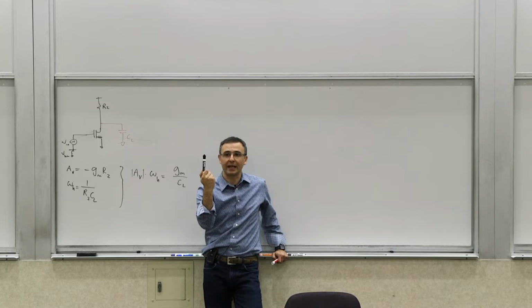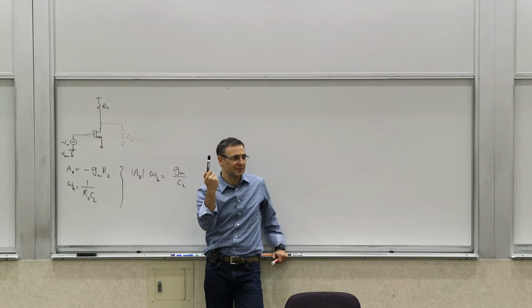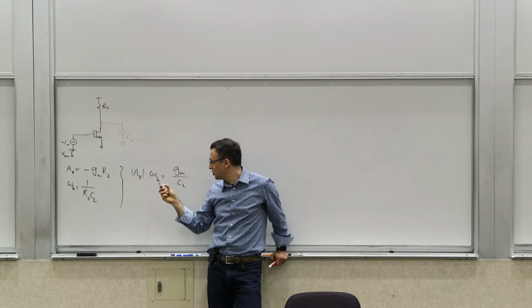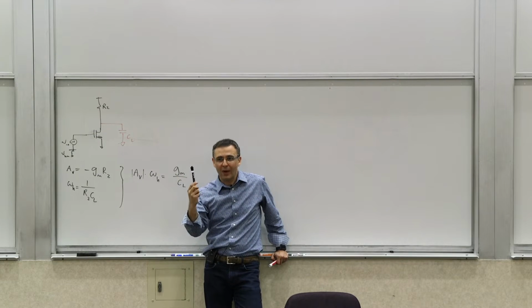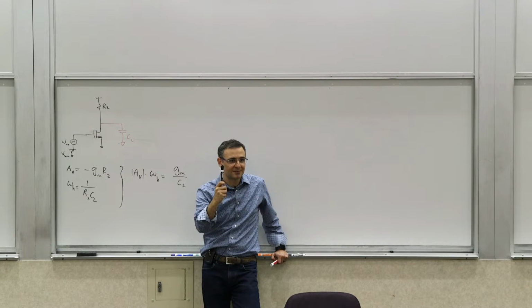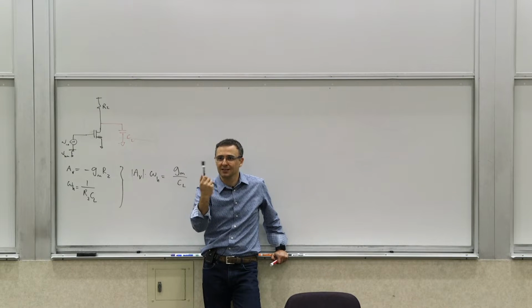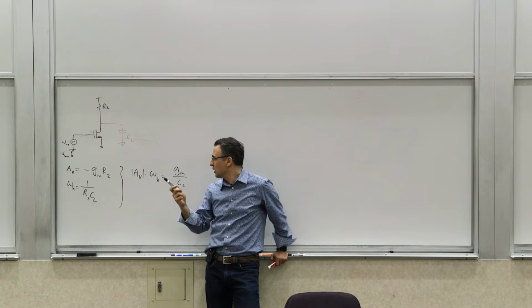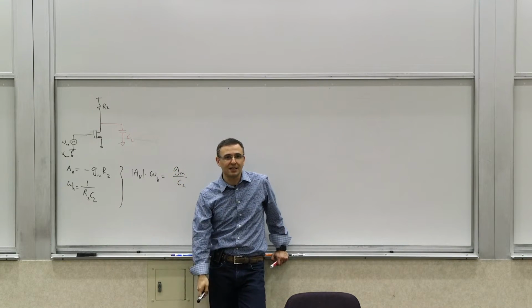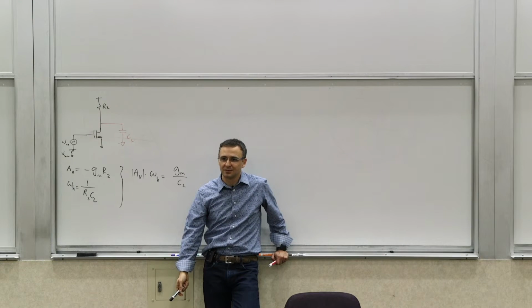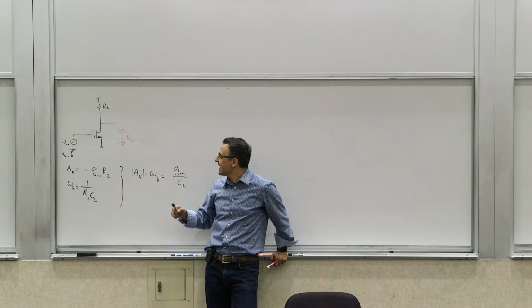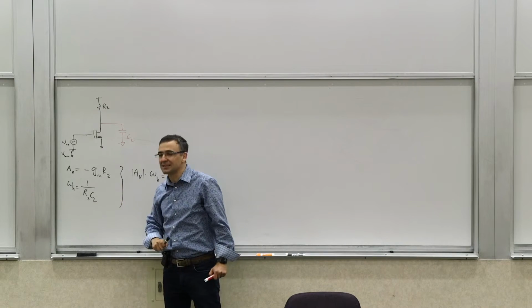And how heavy this thing is. The force is the drive, is the gm. The weight, the mass, is the capacitor, right? If you think about it. So the more drive I have and the lighter the thing is that I'm trying to move, the faster I can move it. But you can see that this is actually independent of the gain itself.